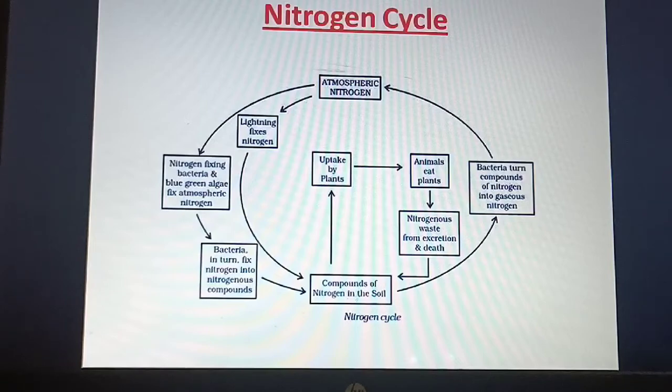When plants and animals die, the bacteria and fungi present in the soil convert them into nitrogenous waste and nitrogenous compounds, which can then be used by plants.